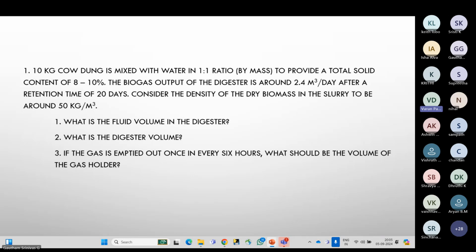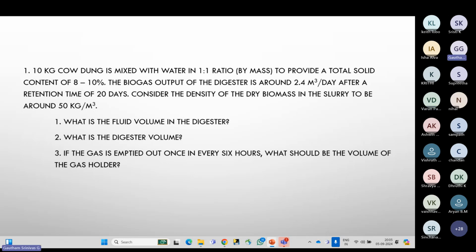2 meter cube. Yes. And the digester volume is 8 meter cube. So the gas holder volume is 2 meter cube, and the digester volume is 8 meter cube.